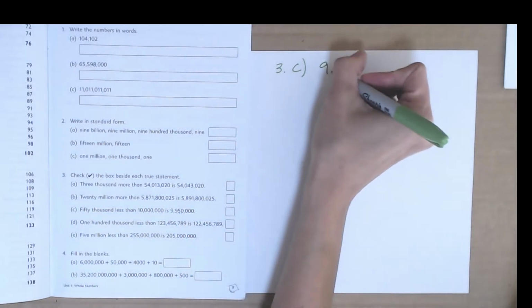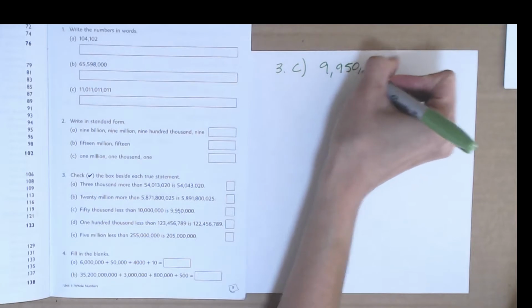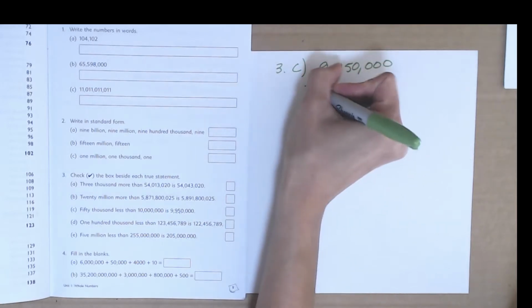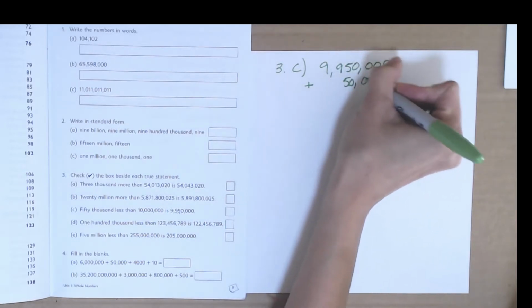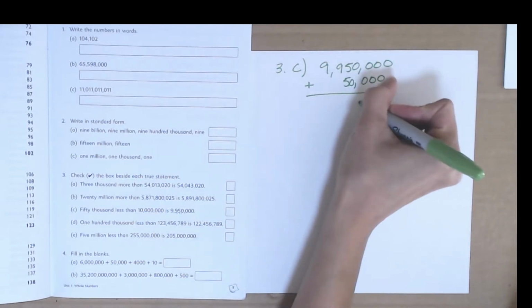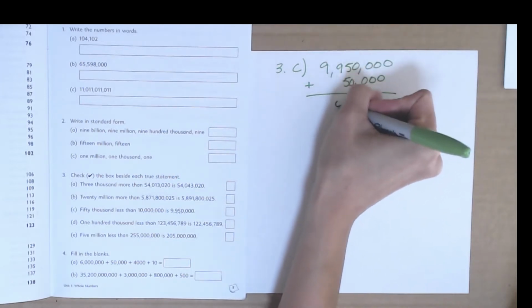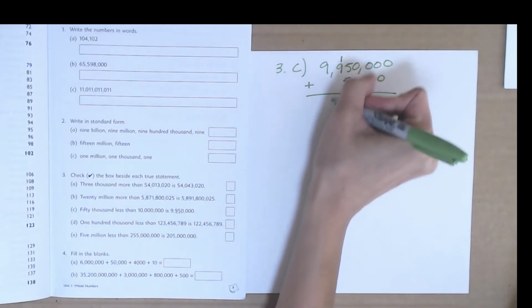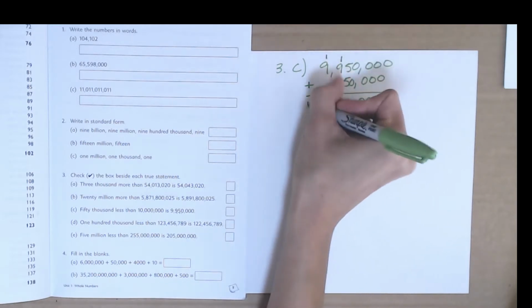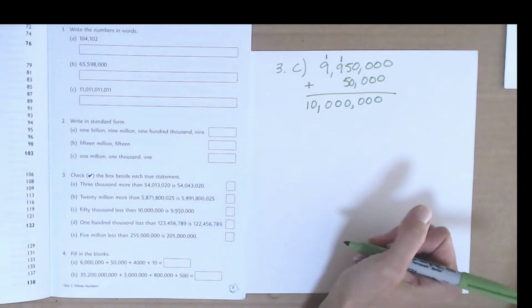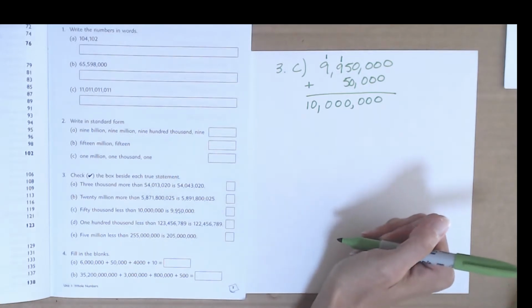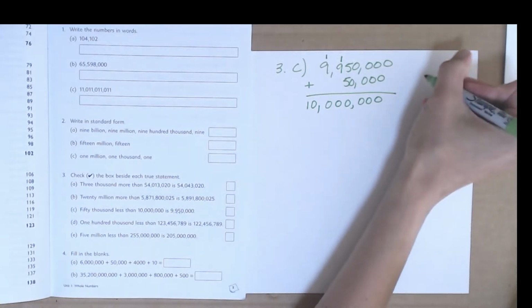We could take 9,950,000 and we can add 50,000. And let's just see what we get. 5 and 5 is 10. Now we get a 10 again. And we get 10 million. So yes, that one is true.